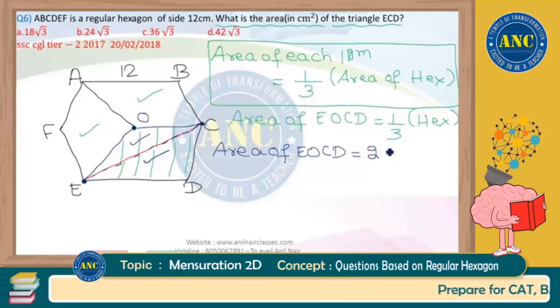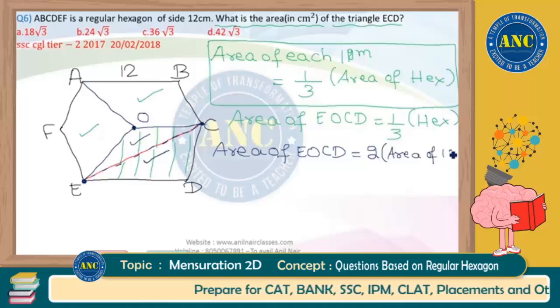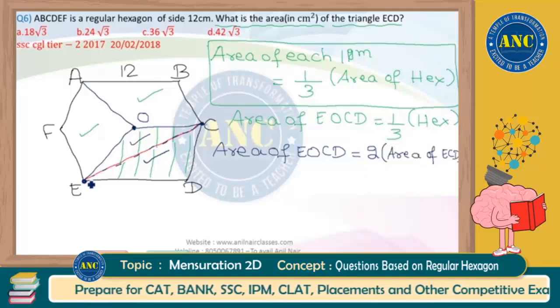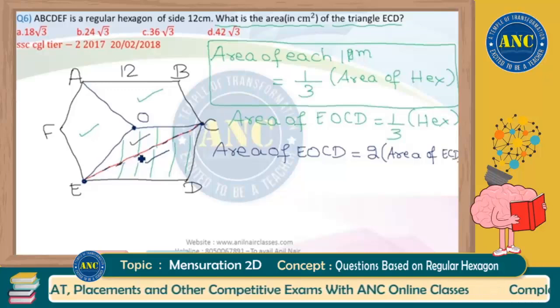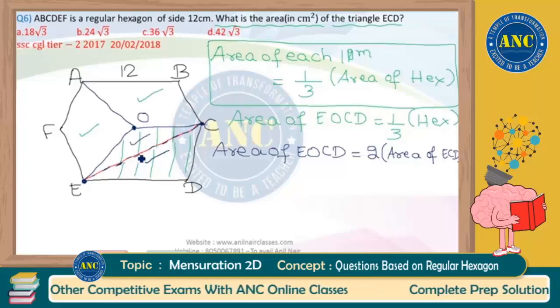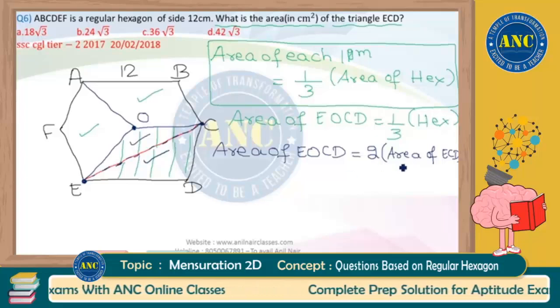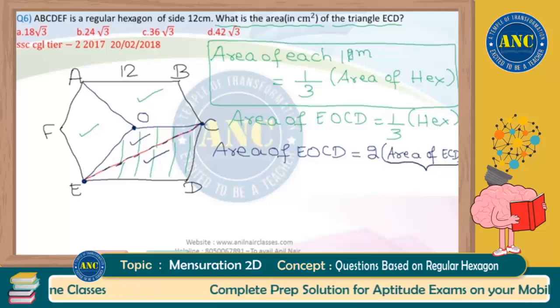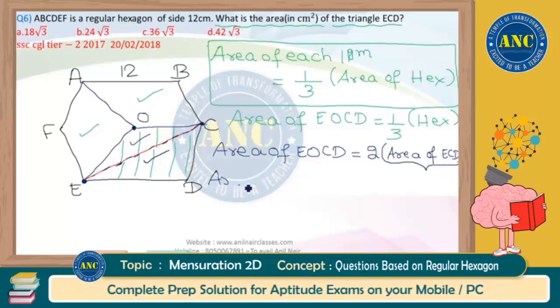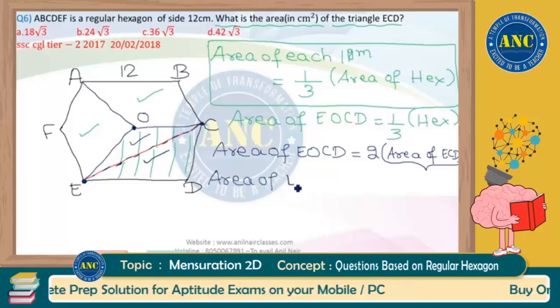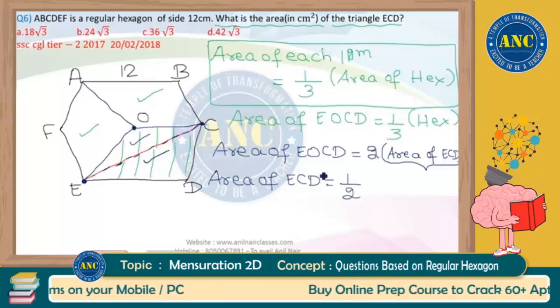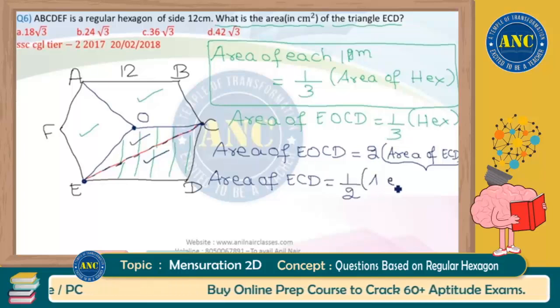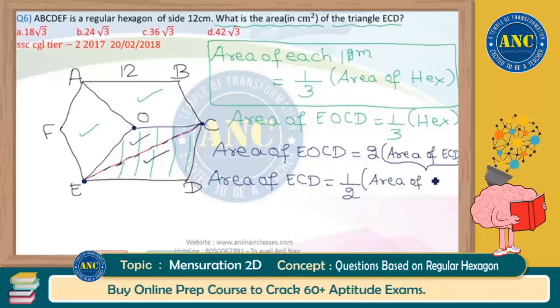Both are the same. Sir, why are you taking ECD? Because ECD is what is asked in the question. The area of ECD and the area of EOC will be the same, because the diagonal of a parallelogram bisects it into two equal triangles. So the area of triangle ECD is 1/2 times the area of parallelogram EOCD.